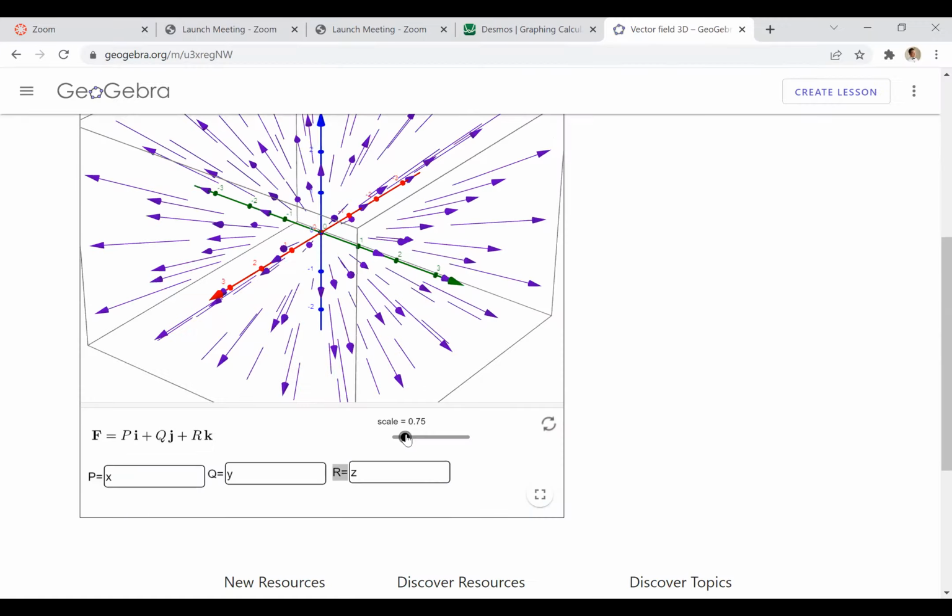And here comes your vector field here: 2xy, x squared minus 3y squared.